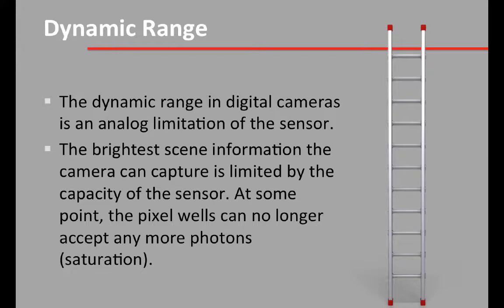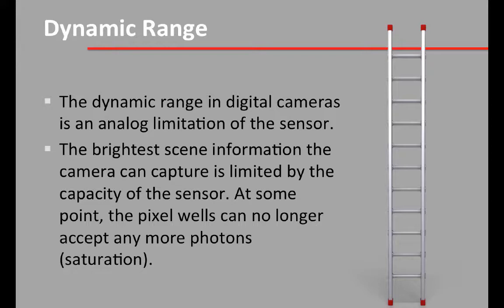So at a particular exposure, in the brightest areas of the scene, the pixel wells, you've got your little squares of pixels, and the way they work is that light hits those pixels, it converts the light energy into a current, and that current is an analog signal.